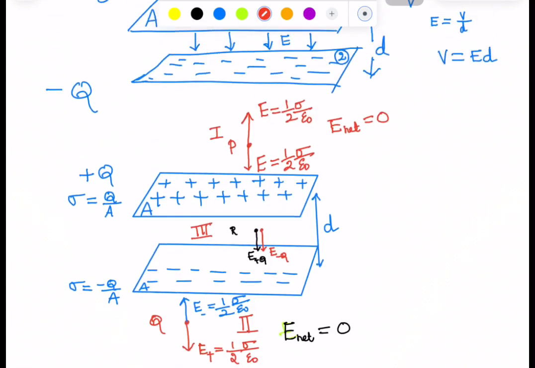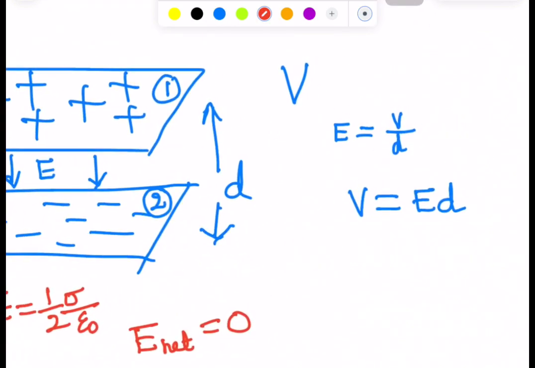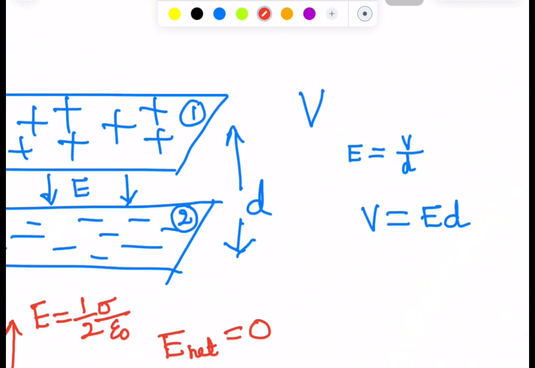Now let's come back. We have already studied that if V is the potential difference between the two plates and d is the distance between the two plates, electric intensity is obtained by the ratio of potential difference by the distance between them. This derivation also we have learned.